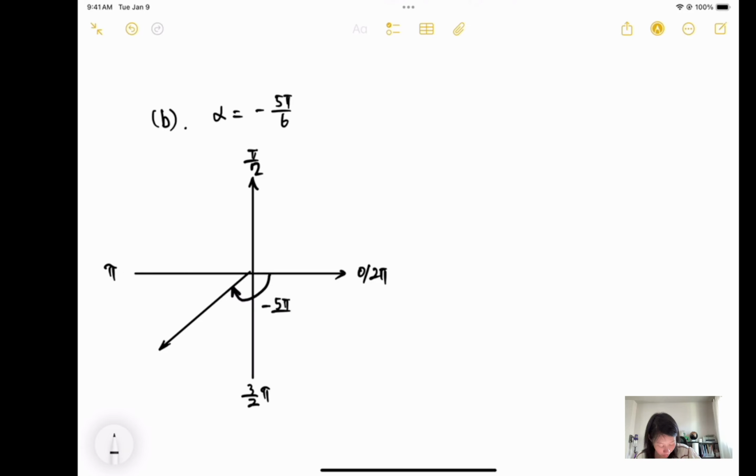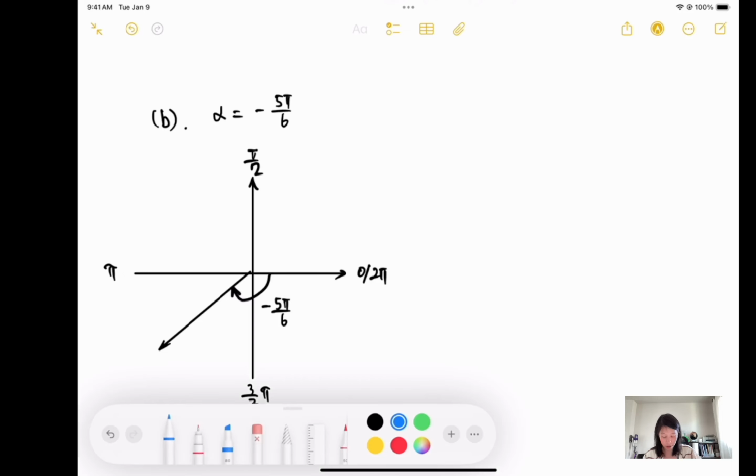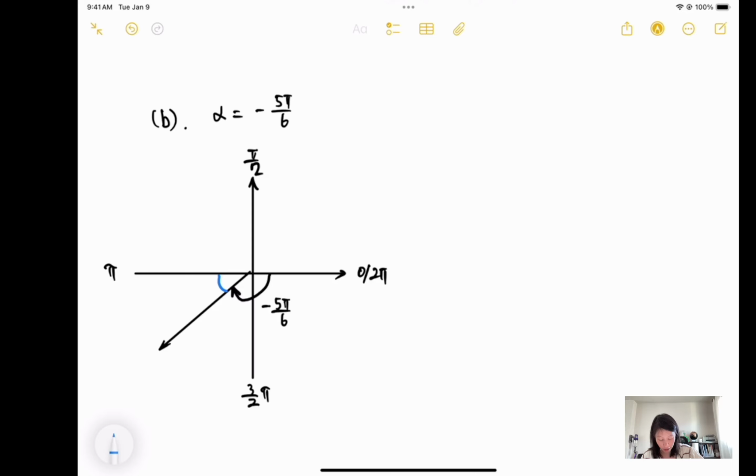So what would be the reference angle? The reference angle would be this one, t prime, which is pi over 6, because it should be the acute angle with the horizontal axis.